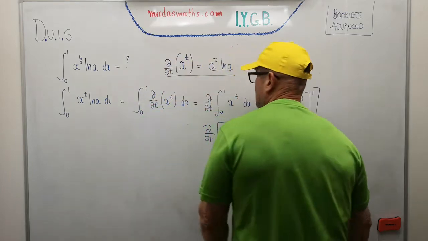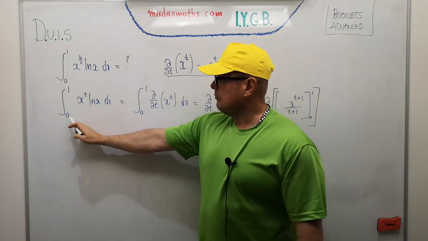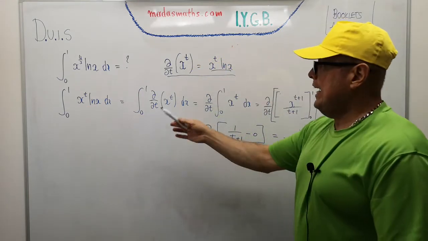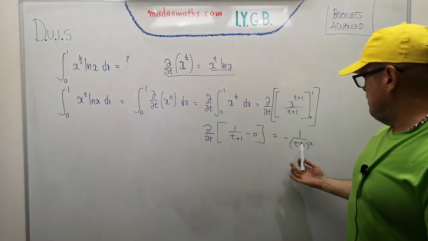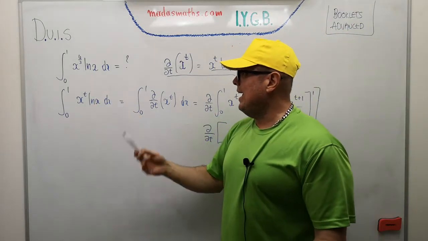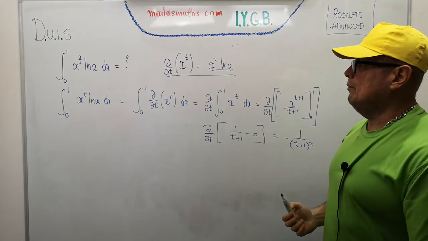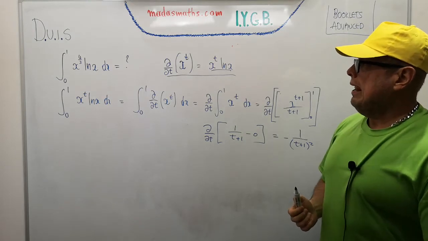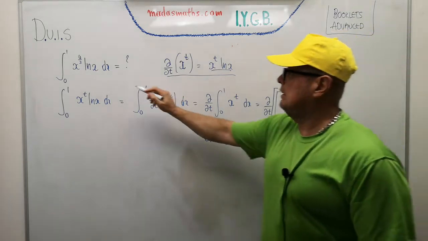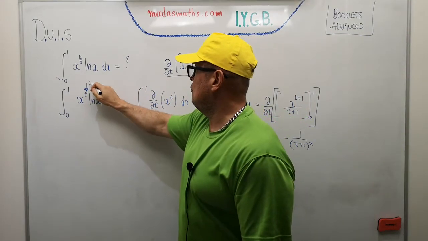So what we've done so far is we found the integral from 0 to 1 of x to the t log of x turns out to be this particular expression, where t can be any value except minus 1, really. So what's the answer to our integral? Well, our integral is exactly that, but for t equal to 4/3.